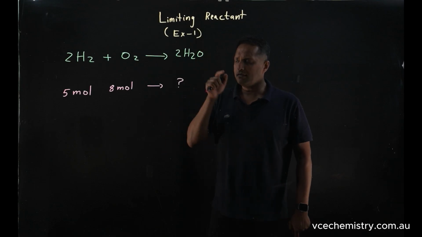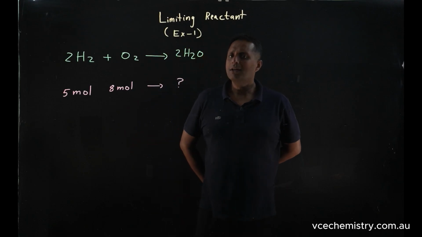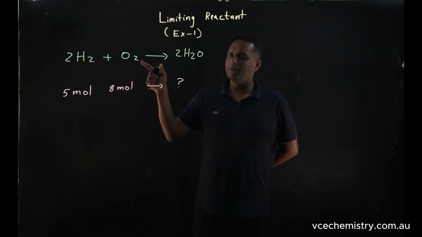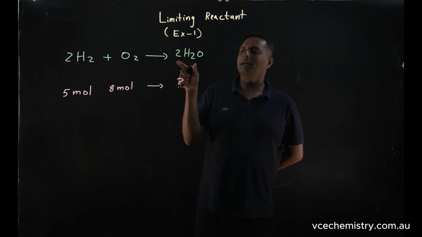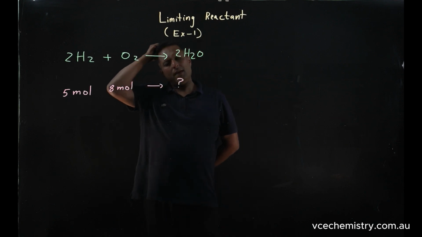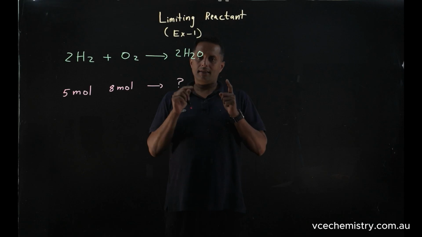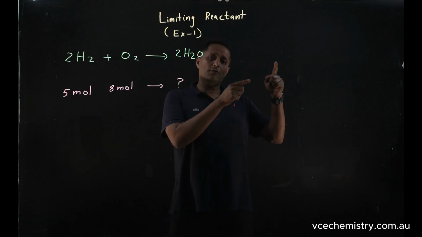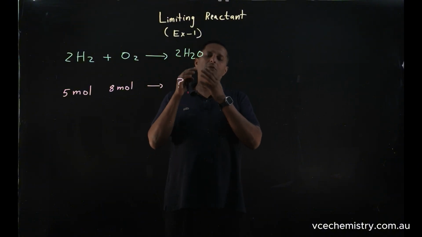Once you know what the limiting reagent is, you use the number of moles of the limiting reagent to find out the number of moles of the unknown. In this case, our unknown is the number of moles of water. These are the steps.